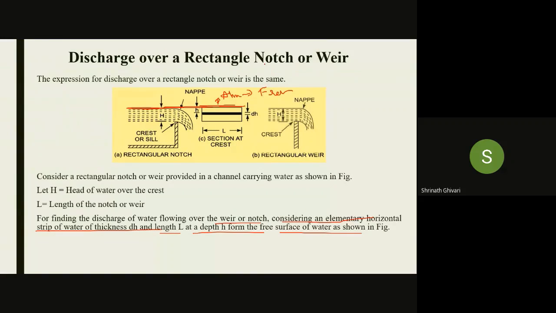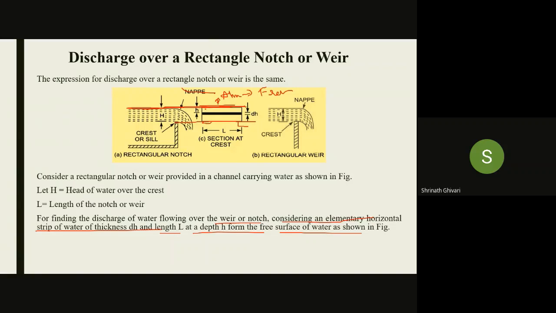The surface of water which is open to the atmosphere is the free surface. This is the nappe, and this is the point where it is the crest. The water falls for a length L from the notch.